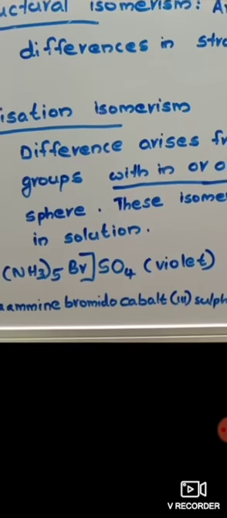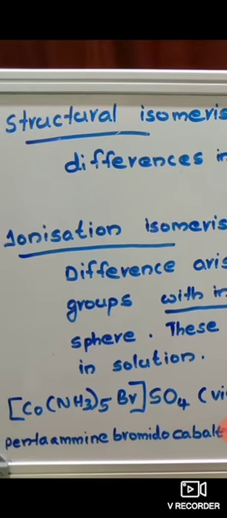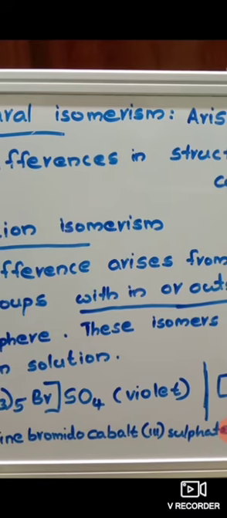Example: [Co(NH3)5Br]SO4. SO4 2- ion is the counter ion in this case. Name of this compound is pentaamminebromidocobalt(III) sulfate.